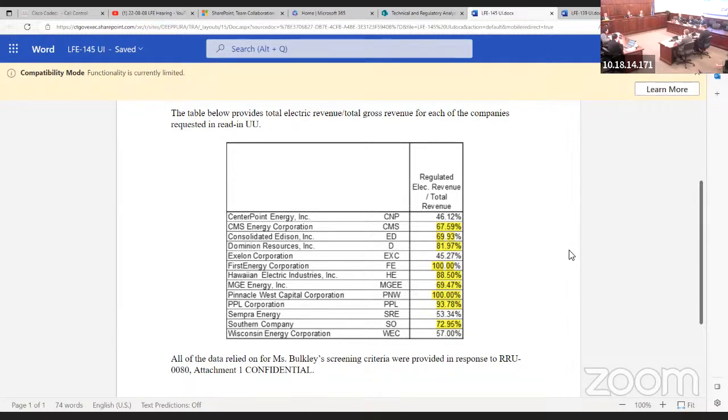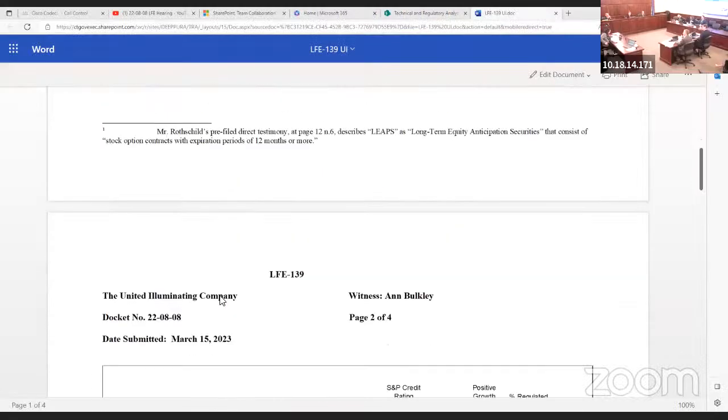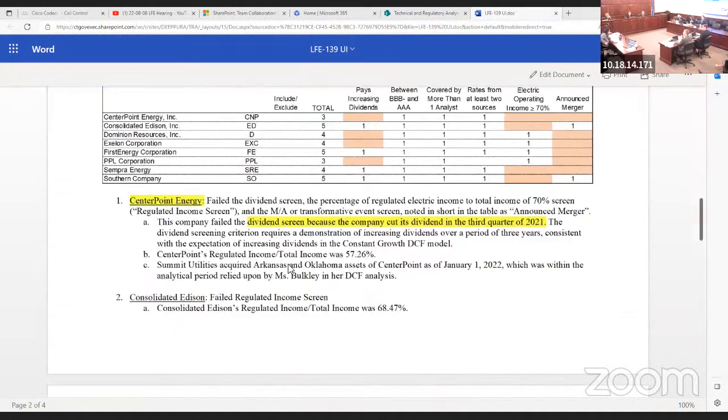Okay. Let's move on now to late file 139, and I have some questions here on your dividend screen, primarily related to Dominion and PPL Corp. Subject to check, the company indicated that those two companies, Dominion and PPL Corp, were screened out because they cut their dividends.